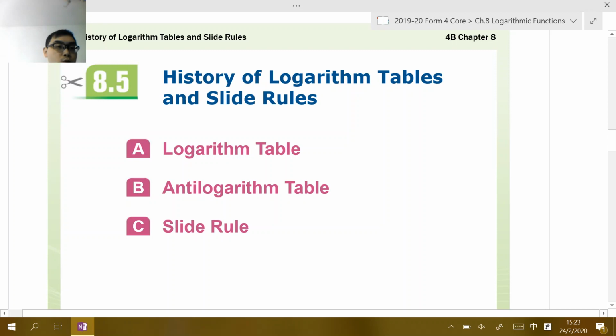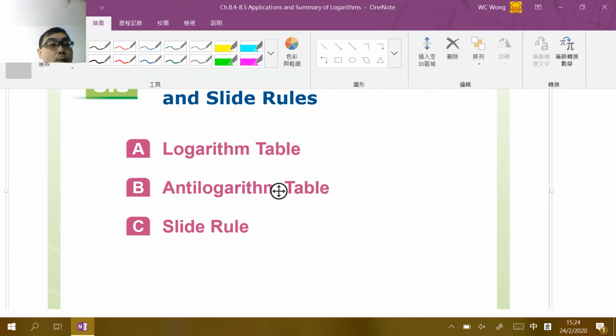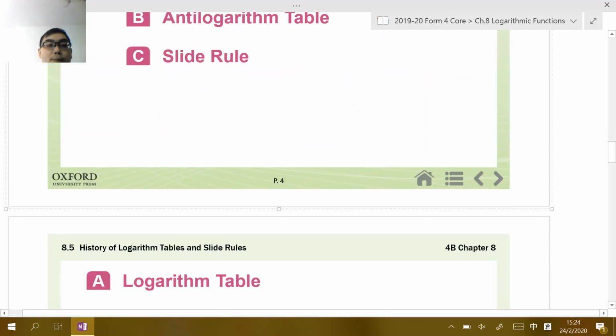Okay, the scientists or the people had to calculate many numbers, for example some big number multiplications for their navigation. So they had to use a useful tool to help them calculate the numbers faster. So if you want to learn more, you may ask me after we go back to school to read some history about the log.